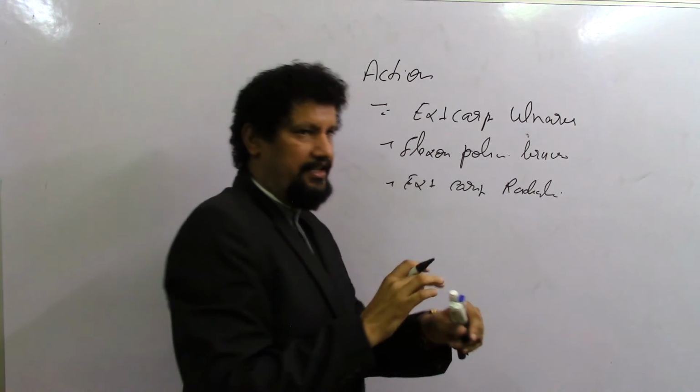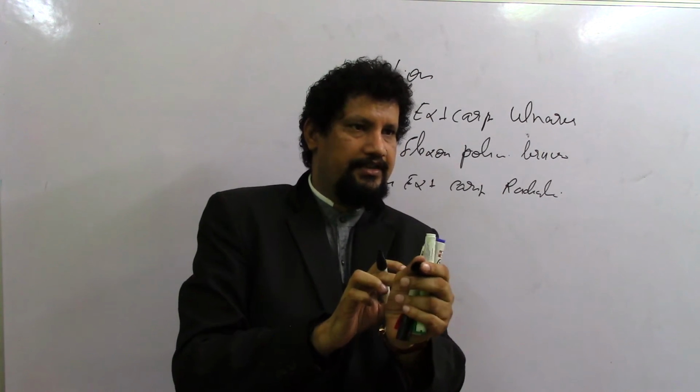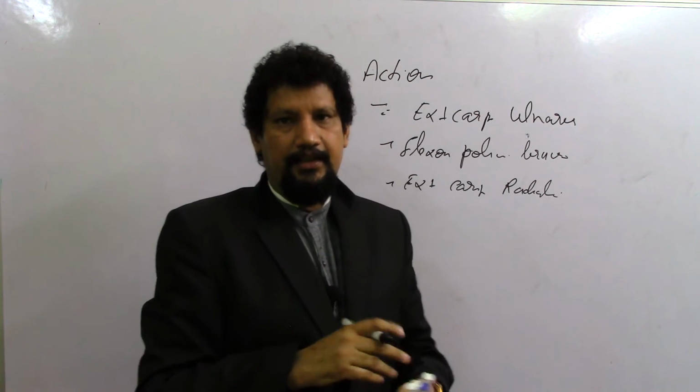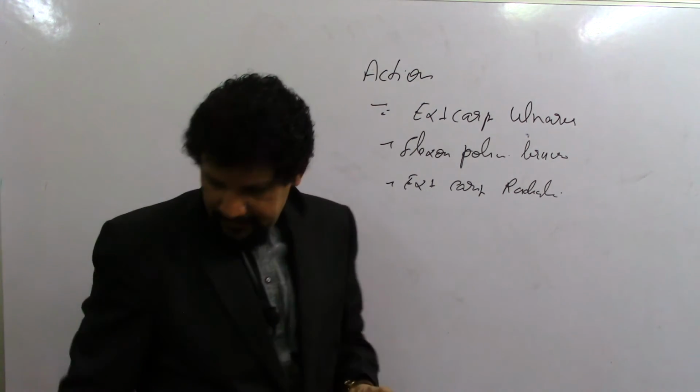When the muscle is extending the carpal joint, that is the wrist joint, this is extensor carpi, and when this is flexor, that is flexor carpi. So the name is given according to their action.